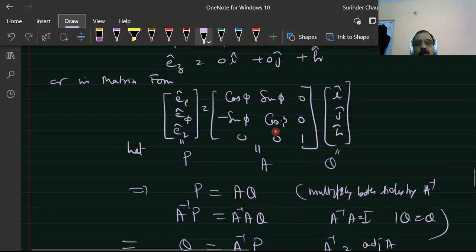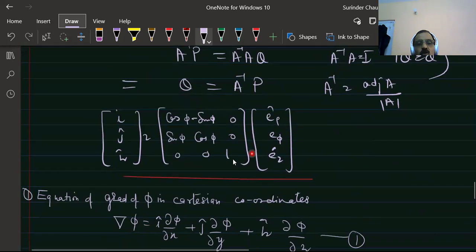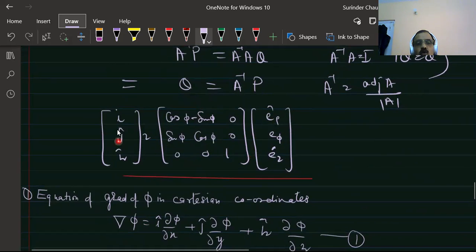So if you find the inverse of A and substitute the values, i, j come out to be A inverse times E. With the help of this, we can convert from cylindrical to Cartesian. So we can find i, j in terms of cylindrical coordinates.